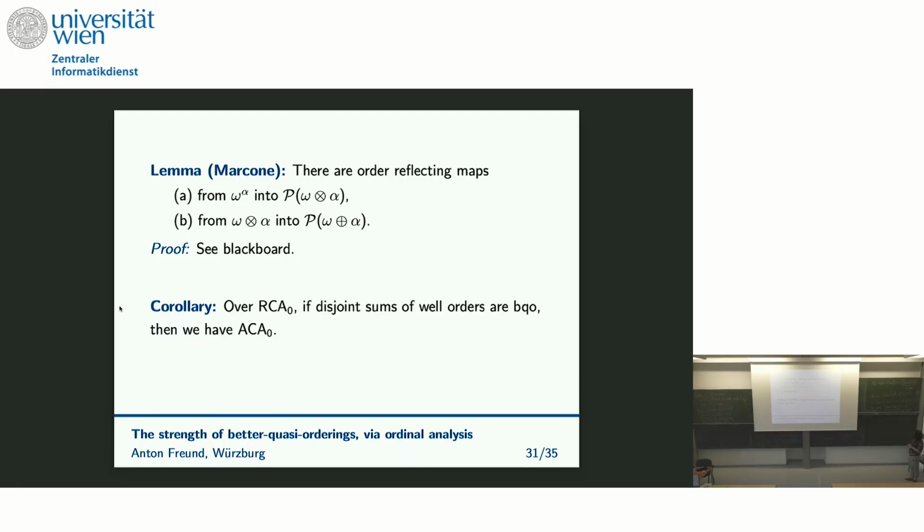Now, why is that order reflecting? Well, let's maybe consider a second one. So beta 1 till beta m, and then that's mapped to a set of pairs j, beta j, with j ranging from 1 to m. And now we want to assume that there's an inequality between the values.